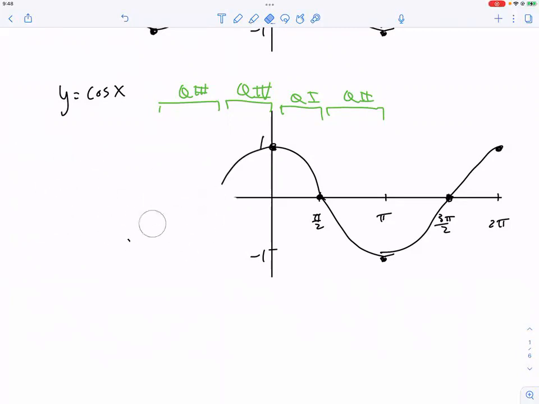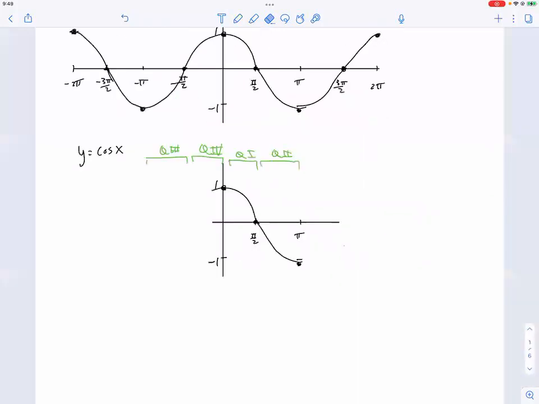Let me just erase them. So we'll just keep quadrants 1 and 2. So for the cosine function, we will keep only this part, and then we will translate this to the inverse. We switch the x and y, and we graph it.